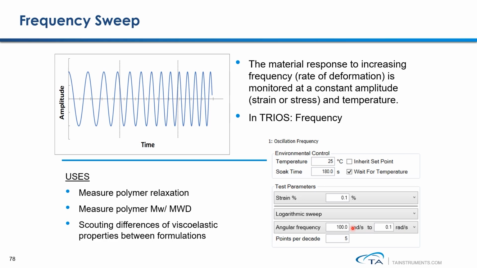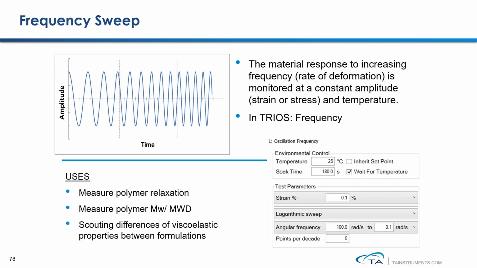Frequency sweep test is very commonly used in a variety of industries. It provides you some very useful information. For polymer applications, frequency sweep test results help to directly measure your polymer chain relaxation. For polymer melt frequency sweep measurements, the results can be used to correlate to polymers' molecular weight and molecular weight distribution.